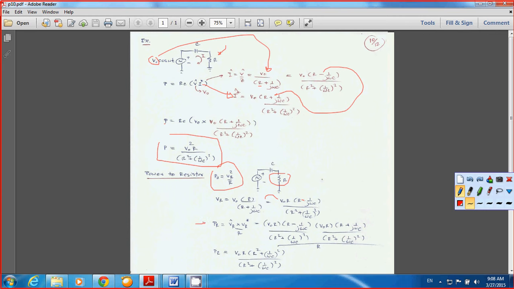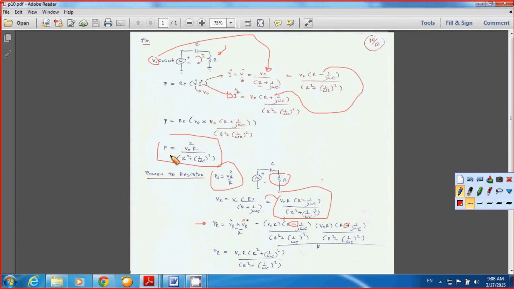Because the power is already a real number, you simply take VR multiplied by VR conjugate and divide by R. Just change this negative sign to positive, then divide the whole thing by R, and you end up with PR equal to V0 squared multiplied by R over R squared plus 1 over omega C squared.